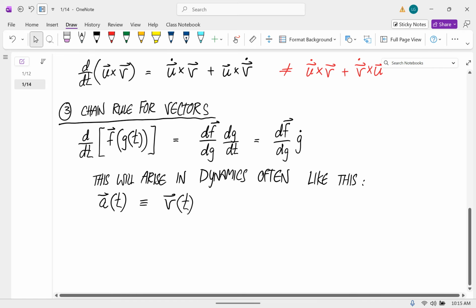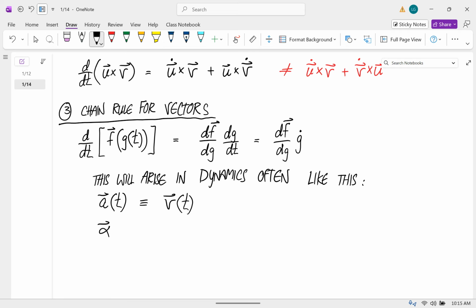And we'll also see a similar relationship between the angular acceleration. That be v dot t? Yes, thank you. And the angular acceleration as a function of time is defined as the time derivative of the angular velocity.